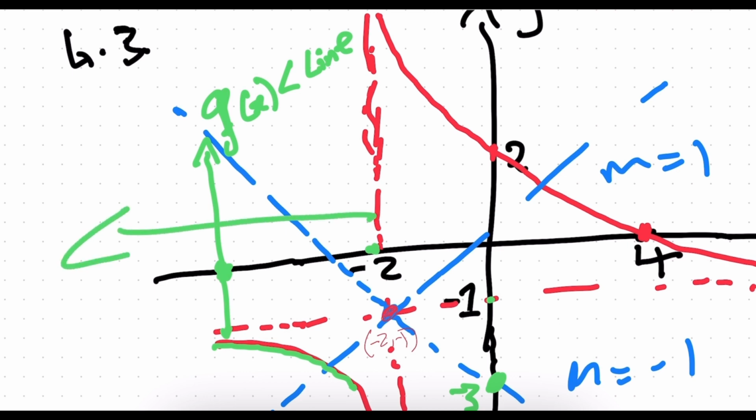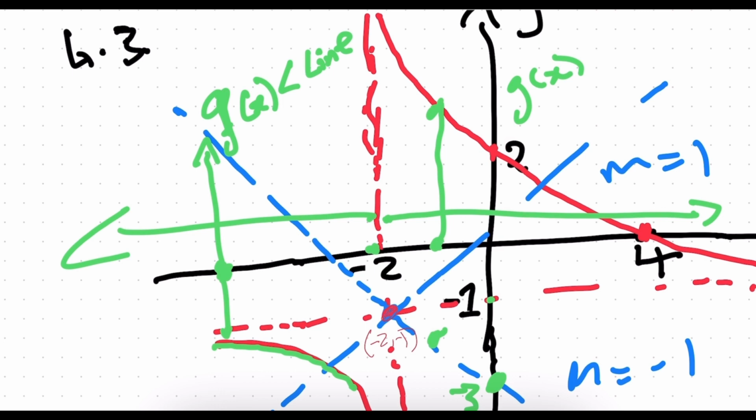But if you move from this x value all the way upwards, are you seeing that your line is now sitting here, at a lower y value than your graph? So at this x value, your g of x is greater than your line, eh?